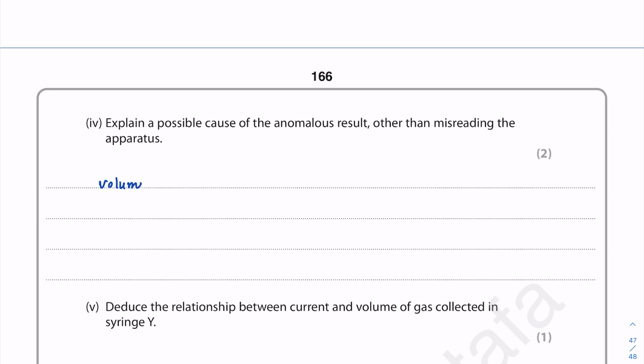Volume of gas in syringe Y is less than expected.